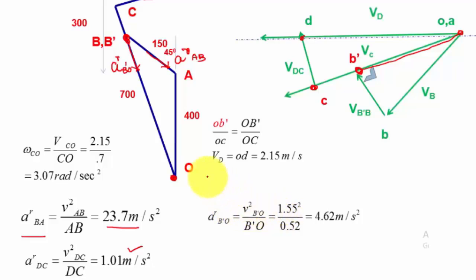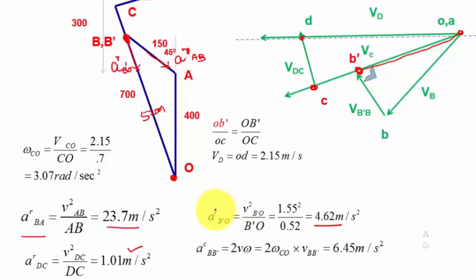B dash O is 520 mm, so use the proper scale. You will get 4.62 meter per second square. So that is your A radial of B dash O value. Now we have calculated all 3 radial components.